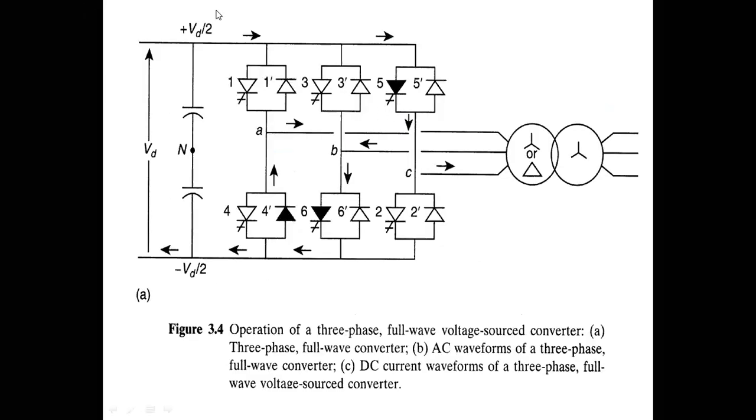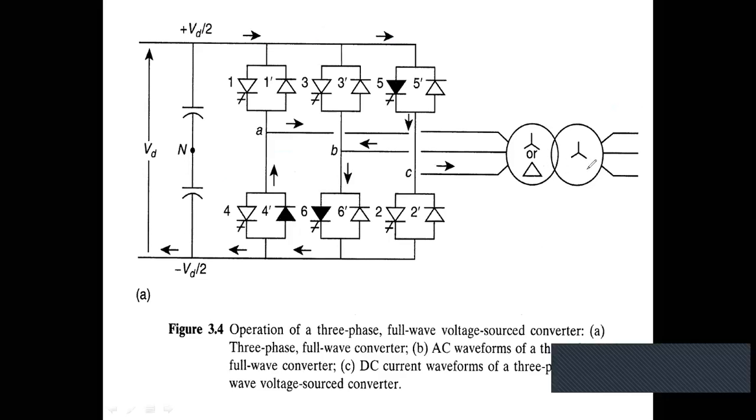So either this one you can take as a neutral or this one. Small n you can consider as this one if it is delta star. If it is star connected, then this neutral you are considering.